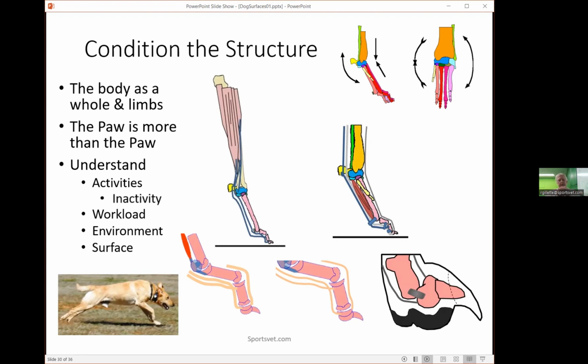And so what it is, it's a spring effect. As the foot comes down, it makes those structures taut. And then as they come off, it's a spring effect. At the end of the race, when they're fatigued, you lose that spring effect. And then the animal is working harder at the end of the race in a fatigue state than they were in a non-fatigue state.